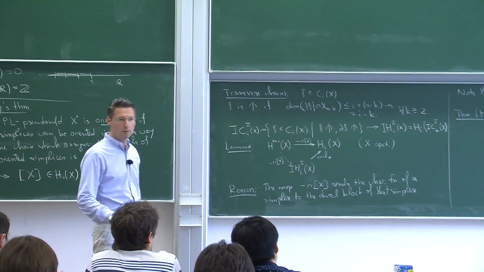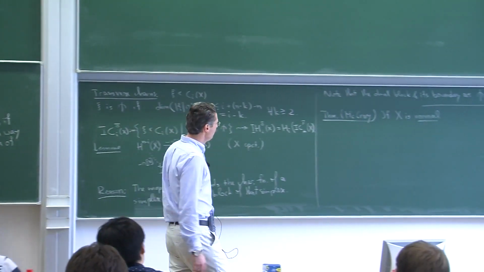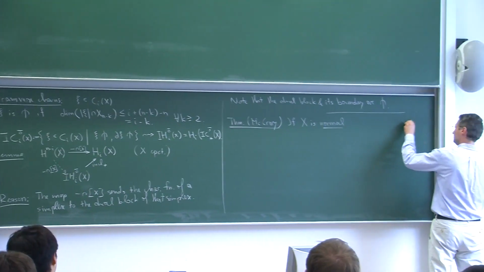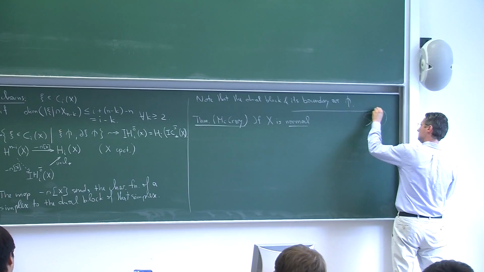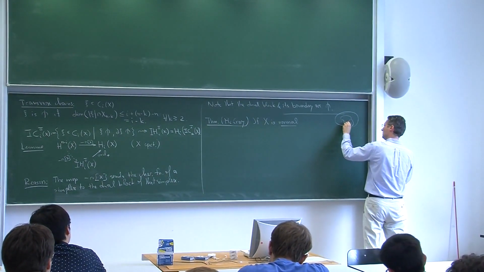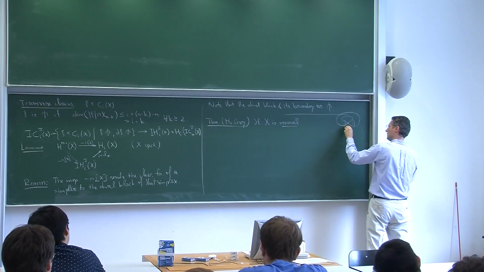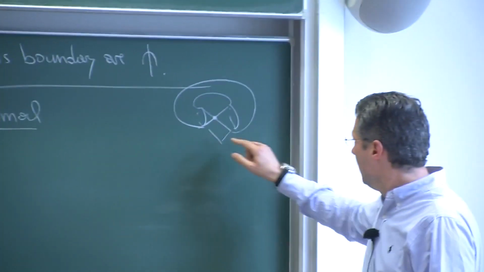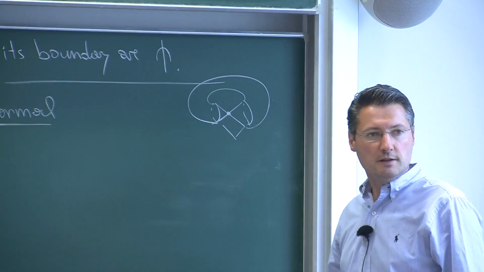Okay, so normal means links connected. So for example, if you have the pinched torus, the theorem doesn't apply because the link of this point consists of the disjoint union of these two circles, and therefore the link is not connected here.